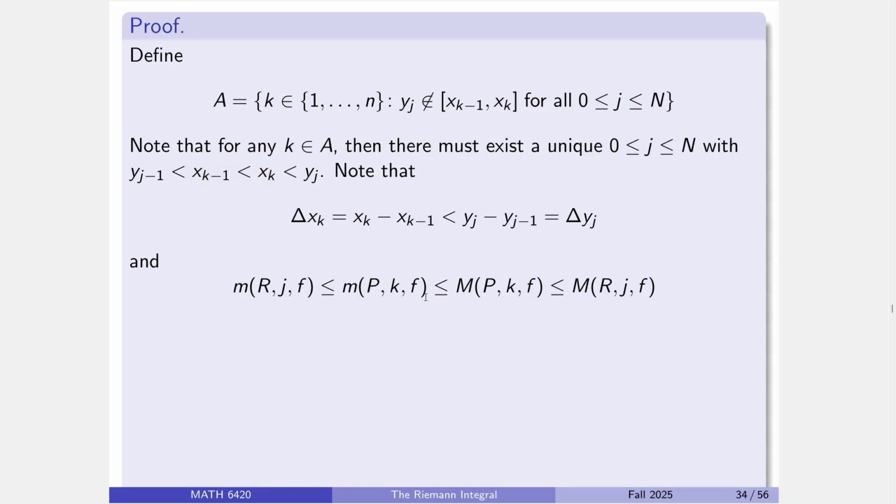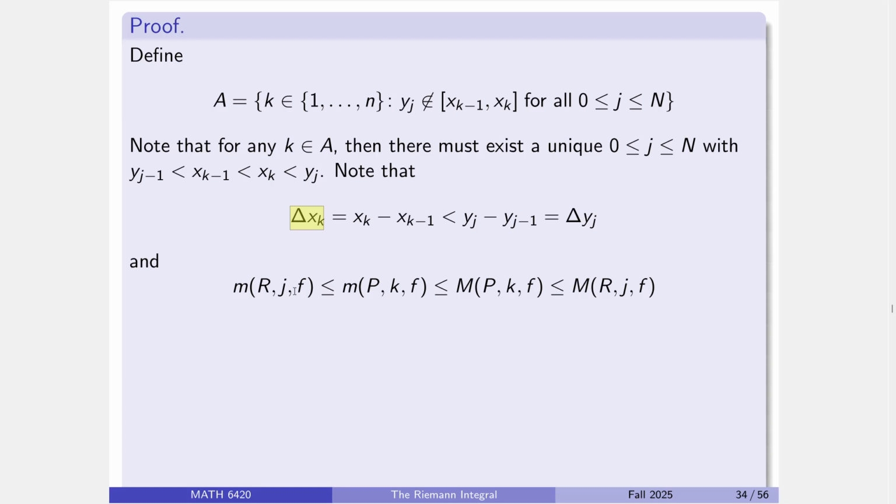All right. Okay. And note here that, similarly to how we did this before, where we had a partition and we were comparing it with another one, here we'll get that the infimum on the jth subinterval of the partition R does not exceed the infimum on the kth subinterval of partition P. That's coming out of the fact that this one is the bigger interval.